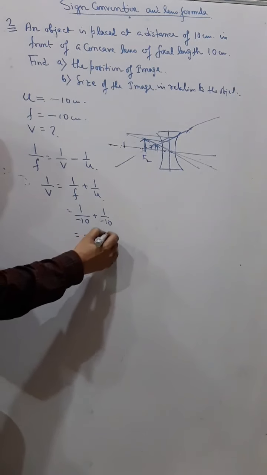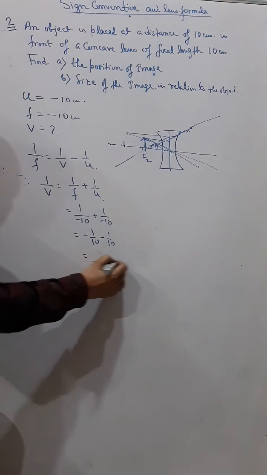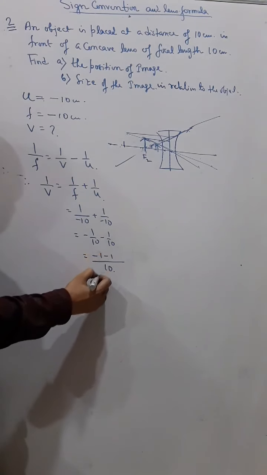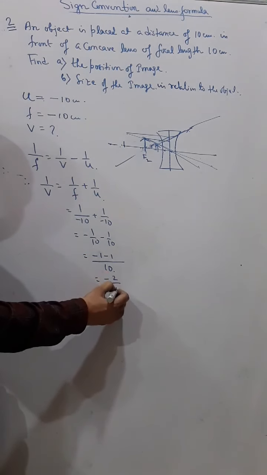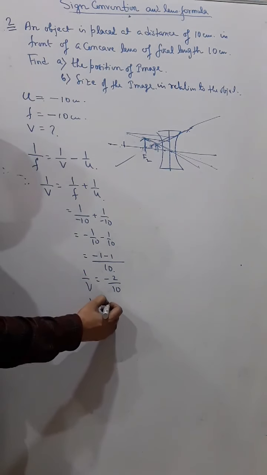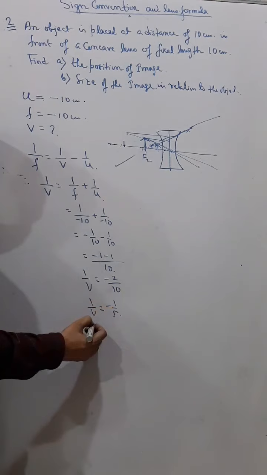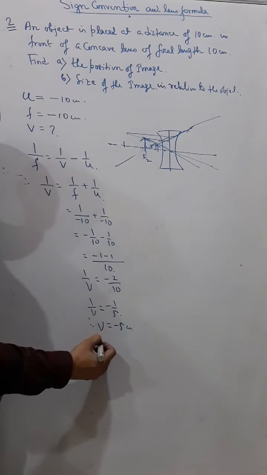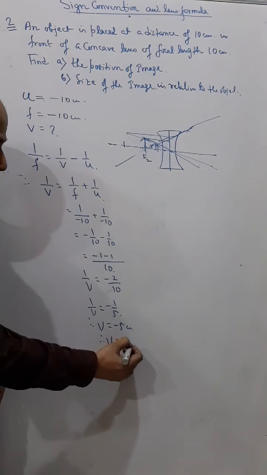Minus 1 by 10 minus 1 by 10. LCM 10. You have minus 1 and minus 1, so minus 2 by 10. So 1 by V is equal to minus 1 by 5, and therefore V is equal to minus 5. So therefore I can say V is equal to 5 centimeter.